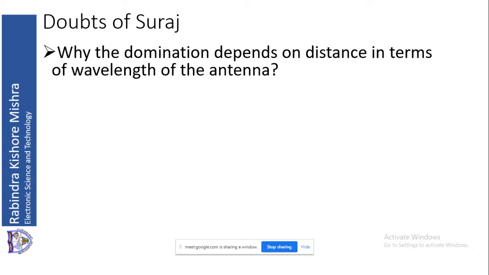For different frequencies, the same distance can be represented in terms of different electrical lengths. Therefore, usually instead of physical distance, we go for electrical distance. What is electrical distance? It is the physical distance divided by the wavelength. So that becomes a standard.